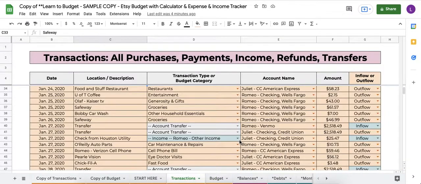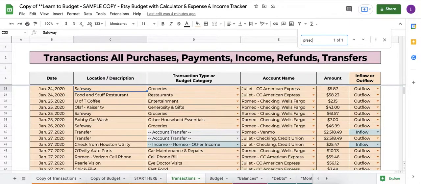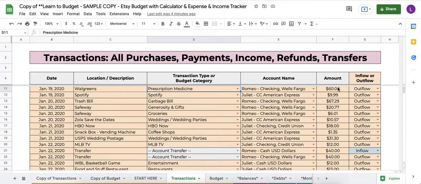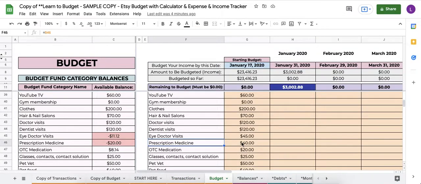So let's go look here. Let's find prescriptions. There you go. That's it. Yep, and on January 19th, I spent $60 on prescription medicines, which means the amount I now have to spend on prescription medicines is negative $20.